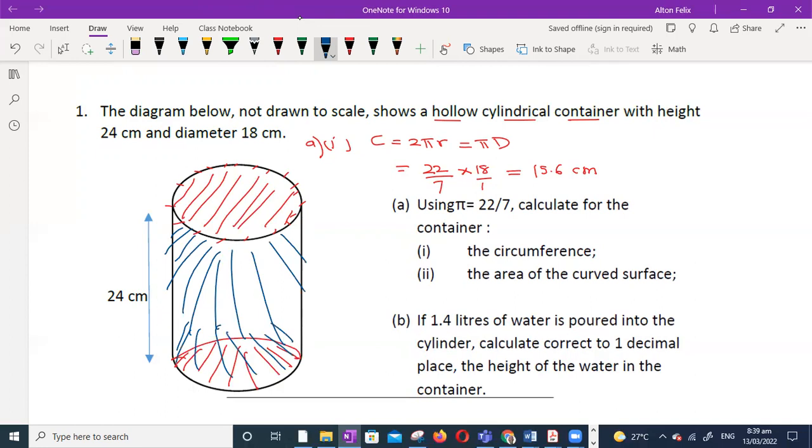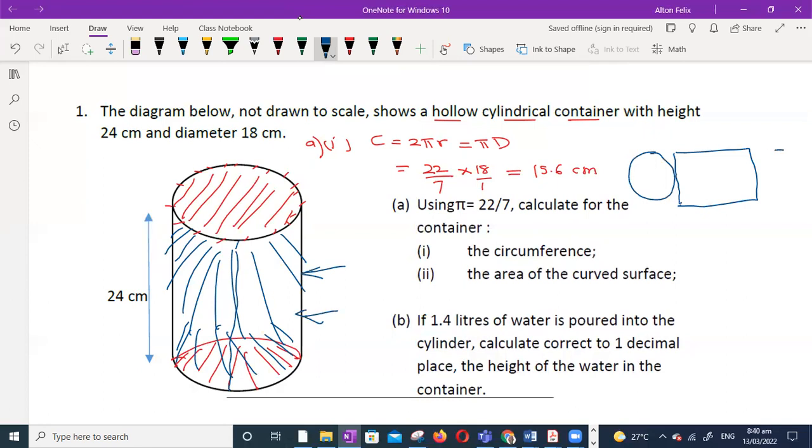Now, it is useful if we can visualize what will happen if we cut this part straight down and we open it out. What you're going to get is a circular piece on top, and a rectangular piece here that you fold to make the curved portion of the cylinder.